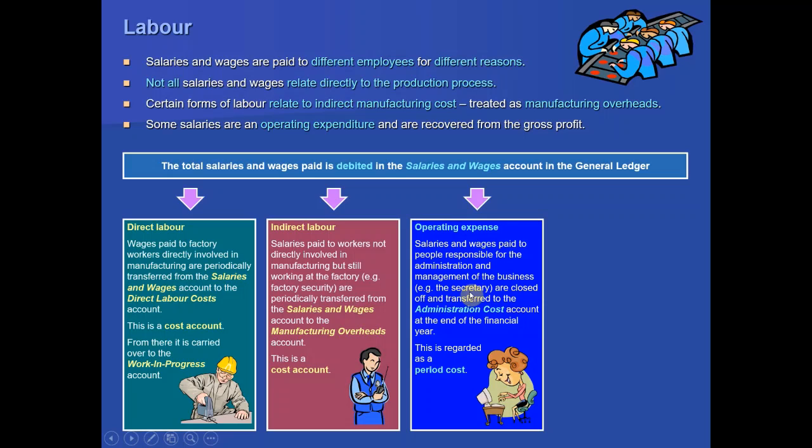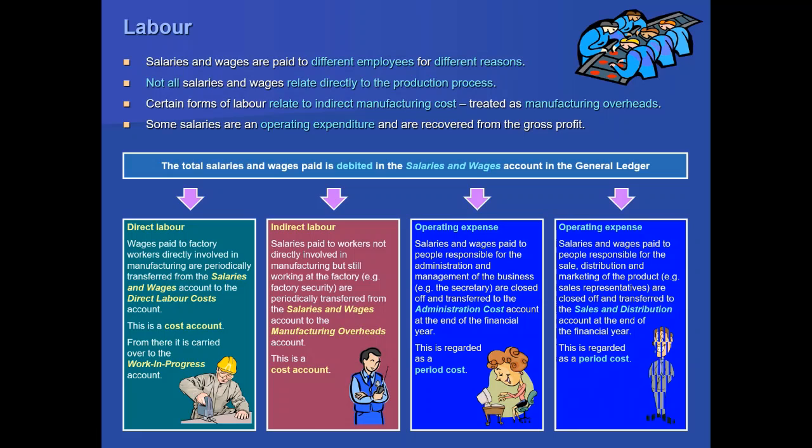So we know again, salaries and wages, debit balance, we will have to credit that account with all the amounts relating to operating expenses and debit therefore the administration cost, which is a period cost. This is now not a cost account because it doesn't relate at all to the factory. So we refer to it as a period cost.